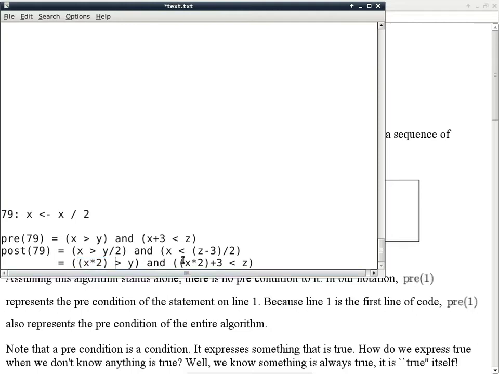And for the same reason, if I know that x plus 3 is less than z before line 79, after line 79, if I multiply the value of x by 2, I get back the original value of x, and that value plus 3 would still be less than z. We're basically undoing what line 79 did to x, so that we can retain the same relationship between x and all the other variables and constants.